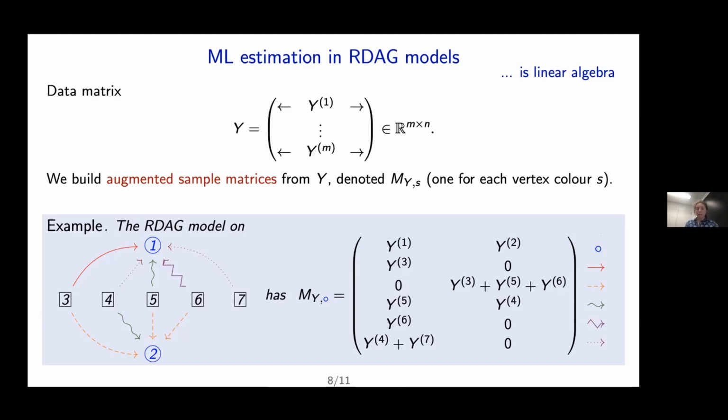For example, on the orange row, we have a 0 here because there's no orange edges that connect any of these vertices to number 1. So that explains this 0. And over here, we've got Y3 plus Y5 plus Y6 because there's orange edges that come from 3, 5, and 6. So to give a definition of the augmented sample matrices in general, it's just defined according to the adjacency structure of the graph.